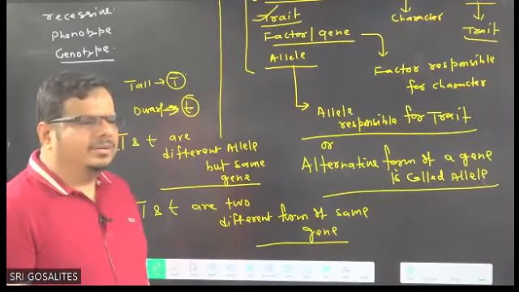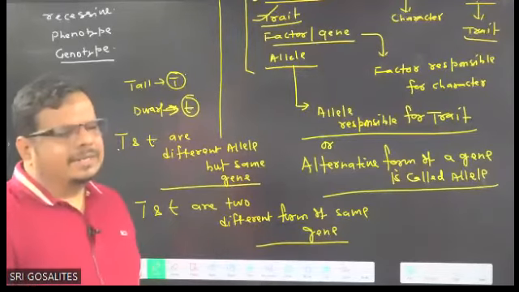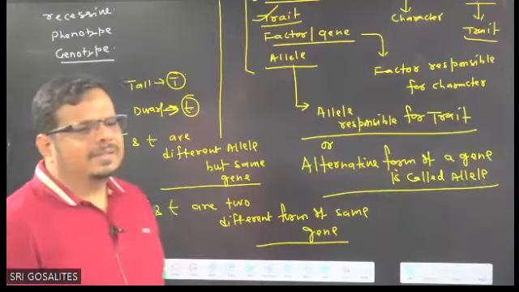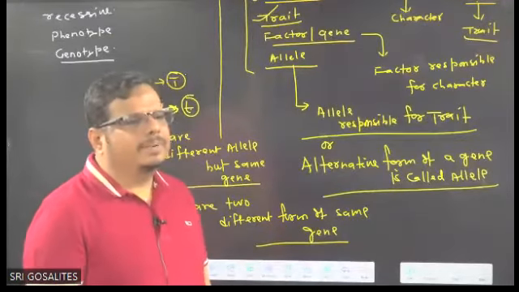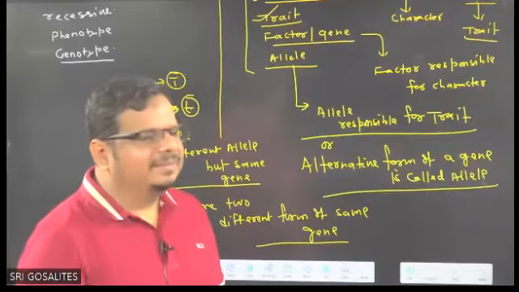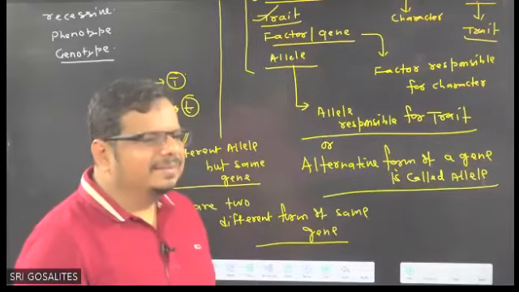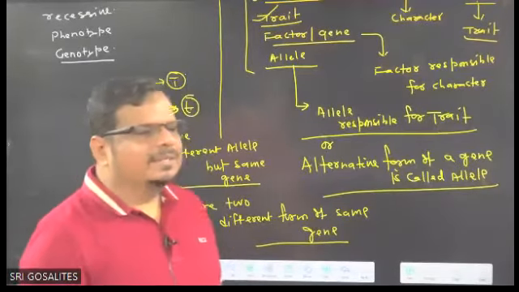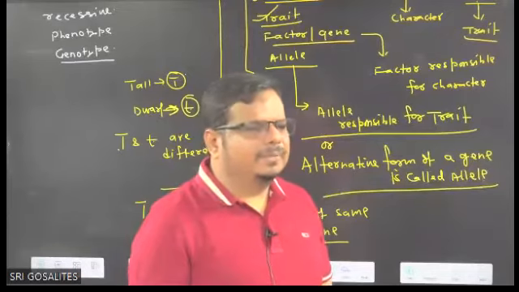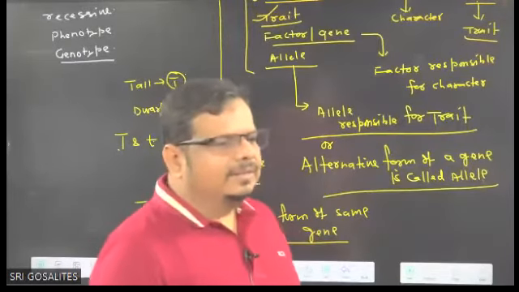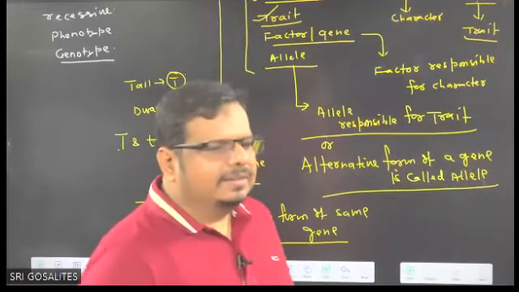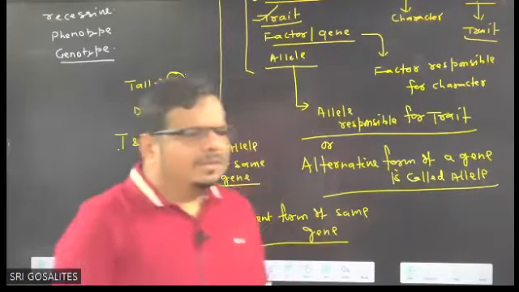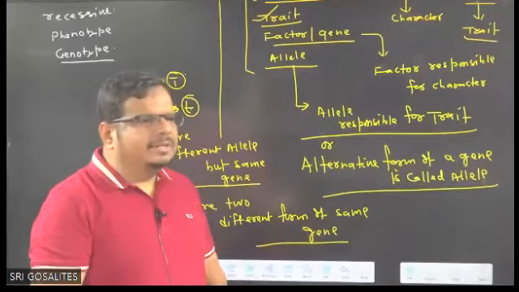But why are they different alleles? Because capital T is responsible for tallness and small t for dwarfness, so they represent two different forms of a character. Clear? So you got the synopsis of all these?